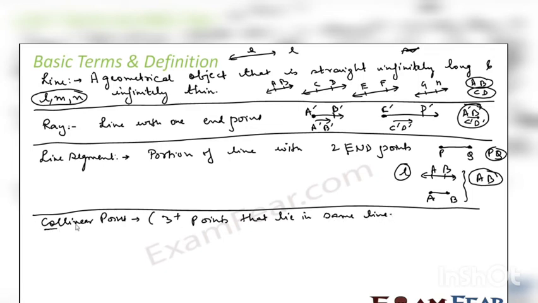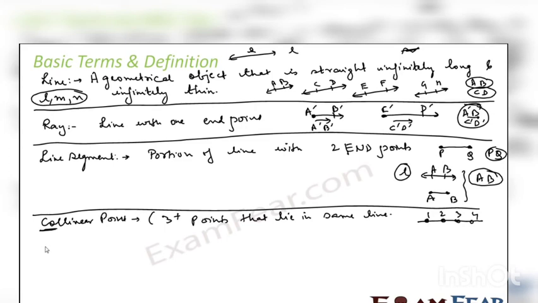Co means together, linear means same line. All are in the same line. Co means together, like co-education, that means a school where both boys and girls study together. Co means together, linear is line. Points in the same line. For example, if there is a line, there are points 1, 2, 3, 4. All these points are collinear points.